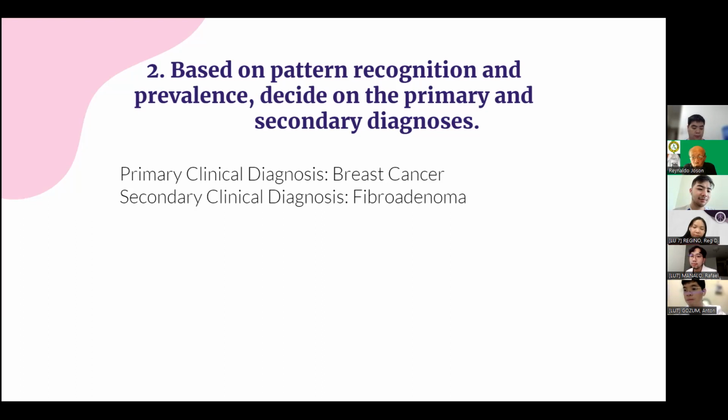Kung TB, I'll jump the gun. Kung TB is very common, let's say 10, 50 years ago, can you put TB as your number one? If the premise is that TB is very common, can you put your primary diagnosis of TB?